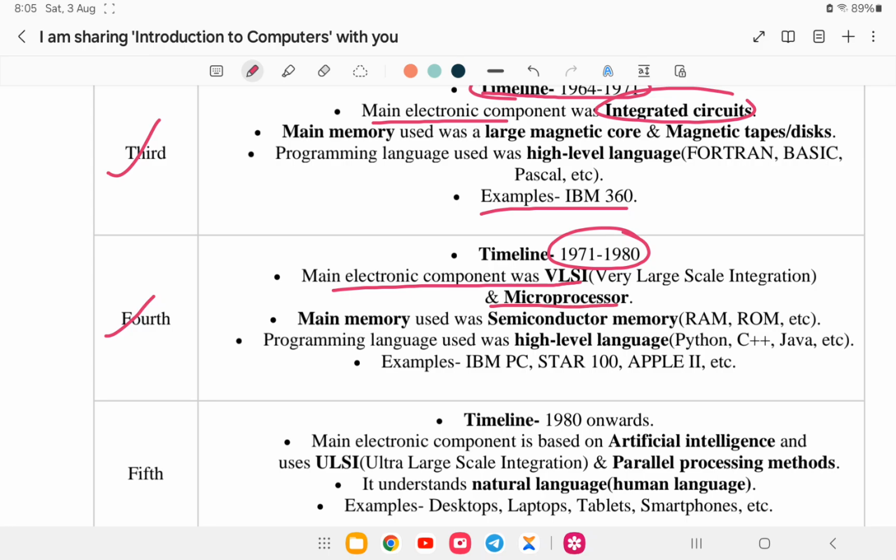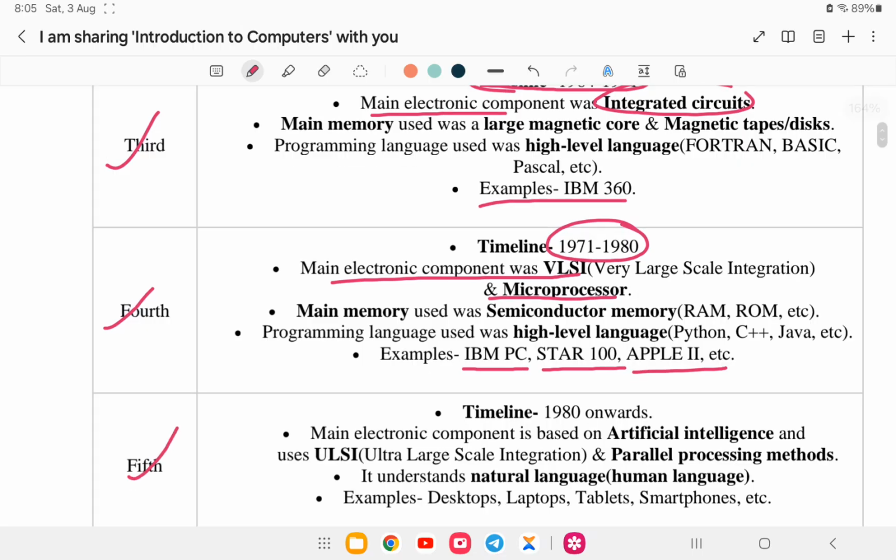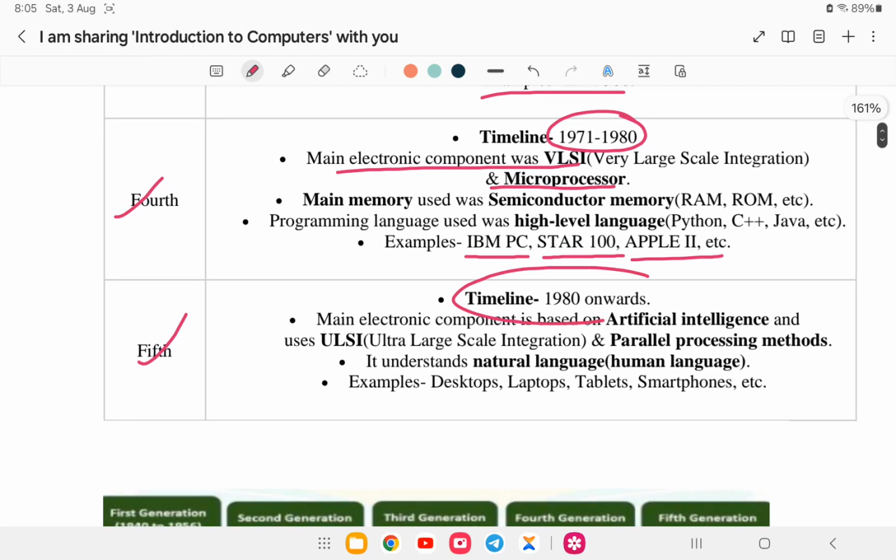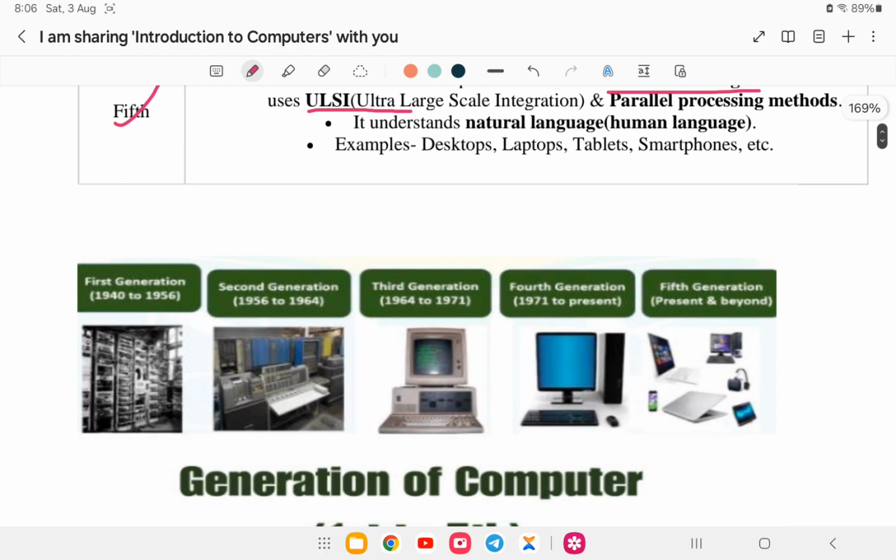Examples are the IBM PC Star 100, Apple II, etc. The fifth generation computers from 1980 onwards are based on AI and ULSI, that is ultra large scale integration and parallel processing methods. Examples are desktops, laptops, smartphones, etc. As you can see, first, second, third, fourth, and fifth generations are in the table.